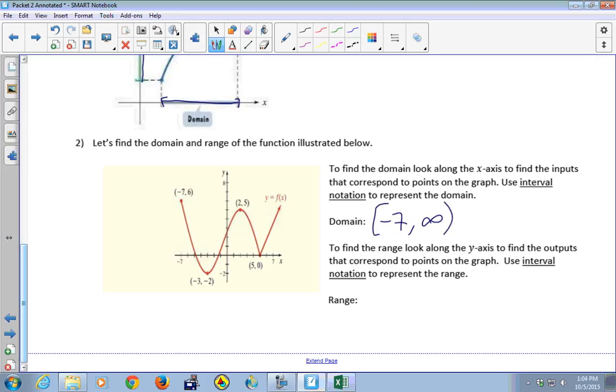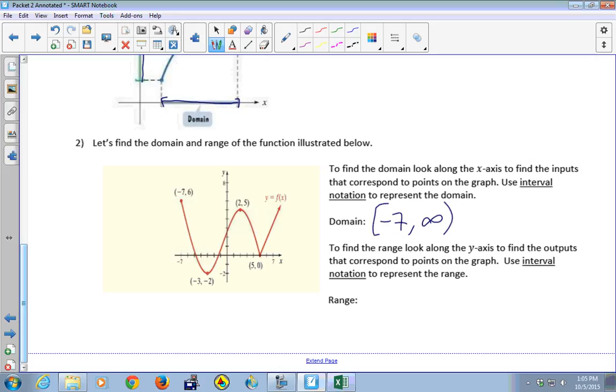And then for your range, you want to look at the y-axis and look at the smallest and largest y value that this thing covers. So what's the smallest y value on this graph? -2. Yes. So now I'm looking at the y values. The lowest point is right here at -2, but for range, I'm only listing the y values.